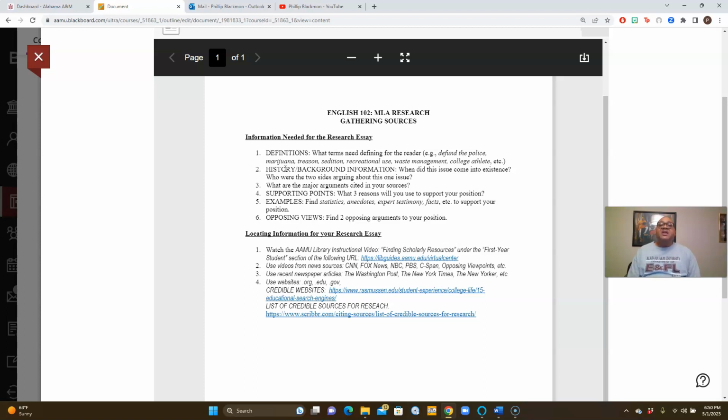What are going to be the main arguments in the article? You want to look for arguments that are similar to your own so that you know you have come up with a good point. You want to look for supporting points for your argument. You want to look for examples. You want to look for the opposing view. So, locating information for your research essay.